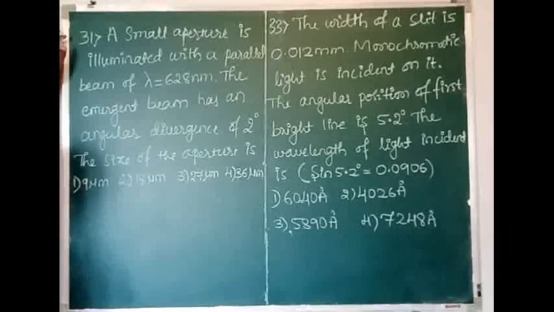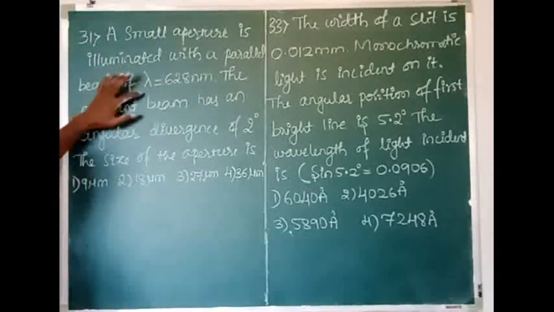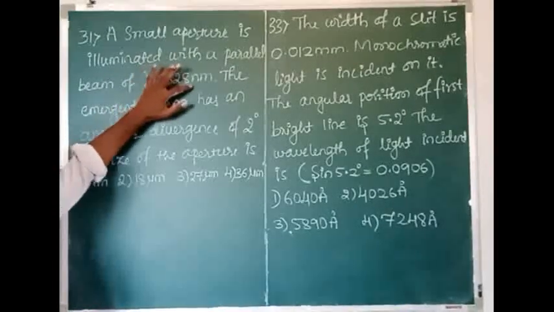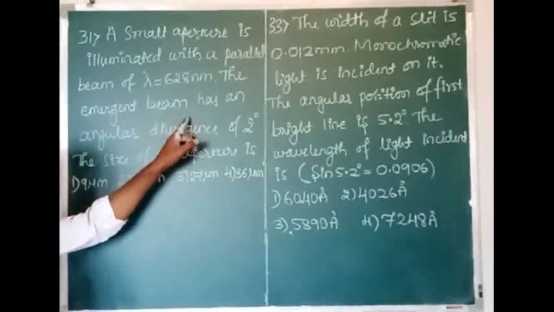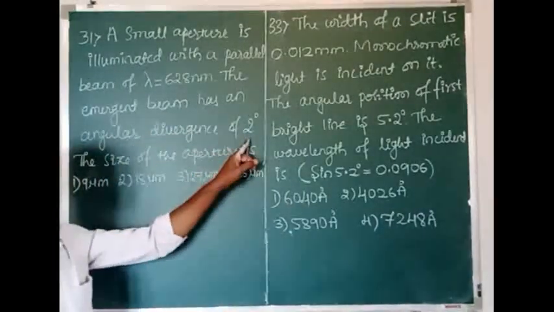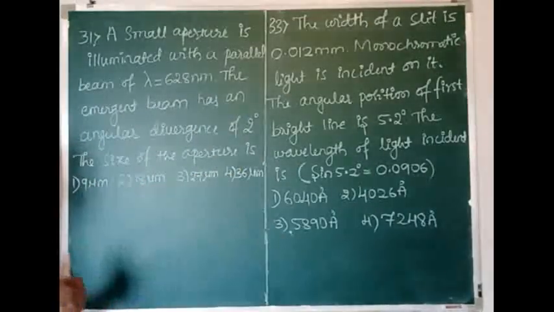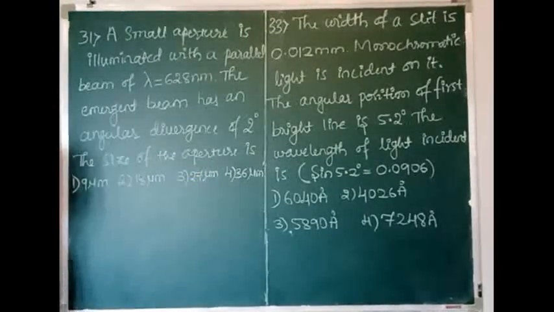Next question 31. A small aperture is illuminated with a parallel beam of wavelength lambda, 628 nanometer. The emergent beam has an angular divergence of 2 degree. The size of the aperture is, so again we have to find the slit width. The size of the aperture can be represented by a.